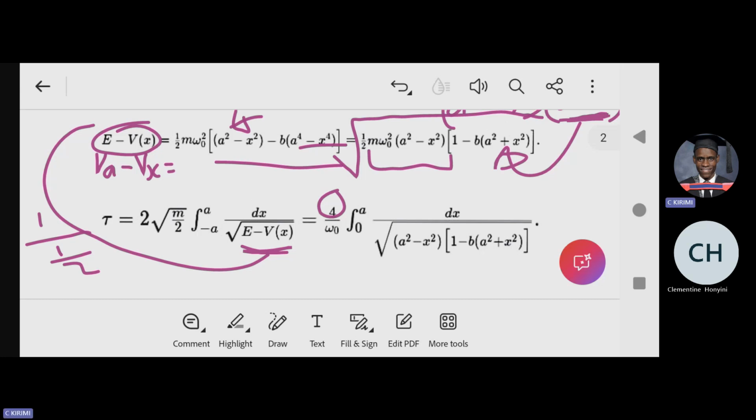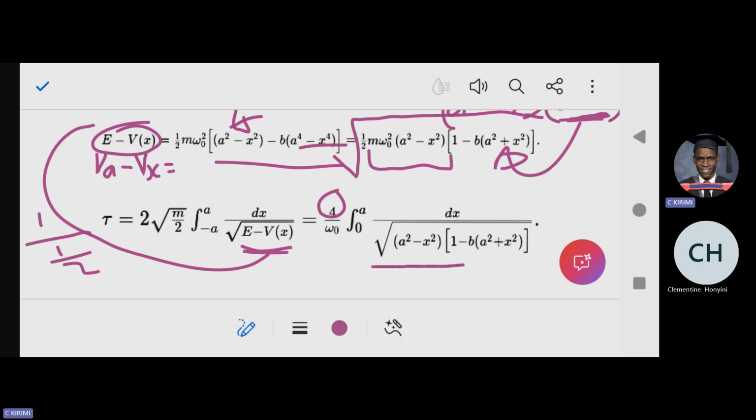So the square root of that will give us, what is the square root of m? If I'm to ask you, what is the square root of m?